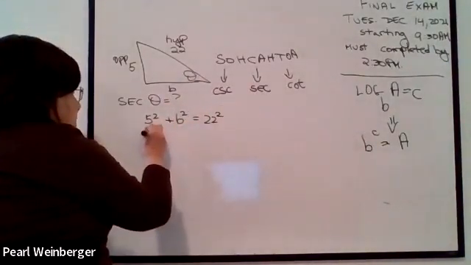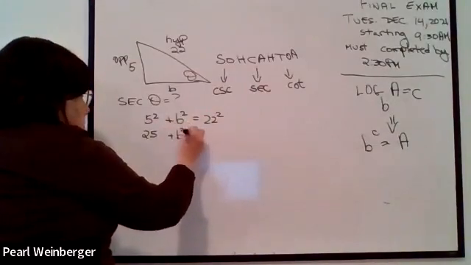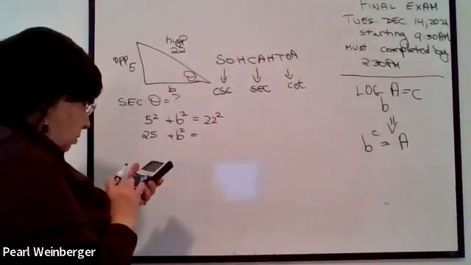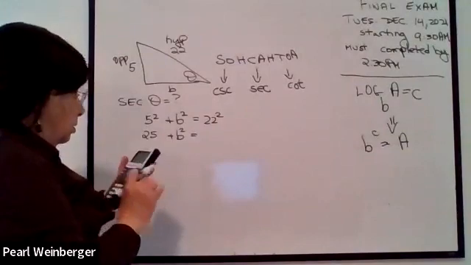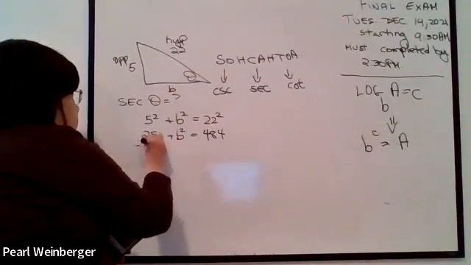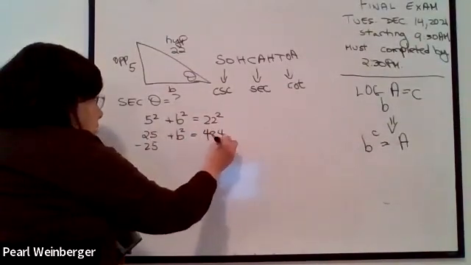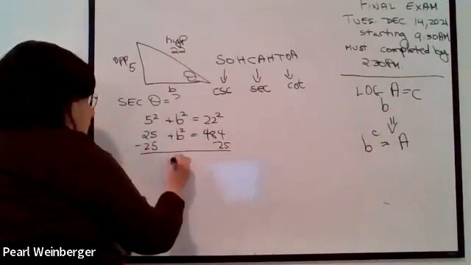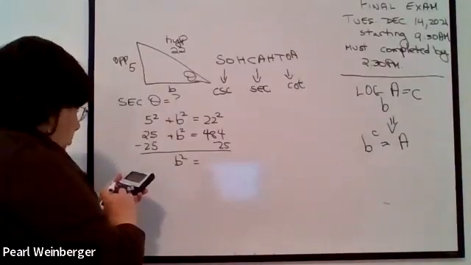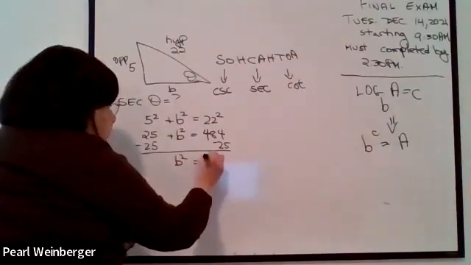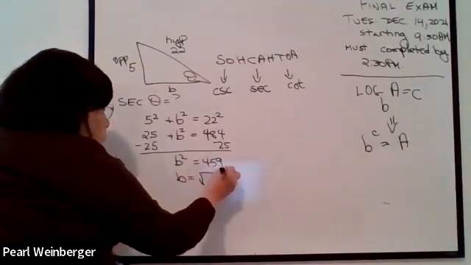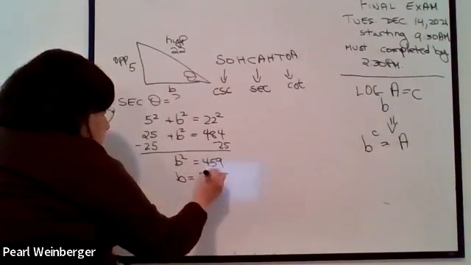So this is 25 plus B squared. Okay, 22 squared is 484. So I'm going to have to subtract 25 from both sides. And that'll give me B squared equals 459, which means that B is the square root of 459.